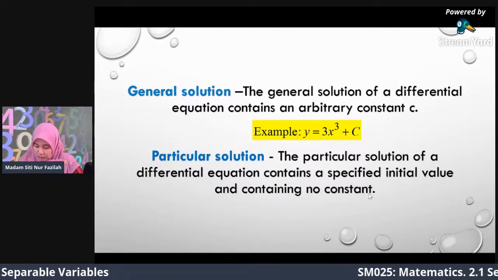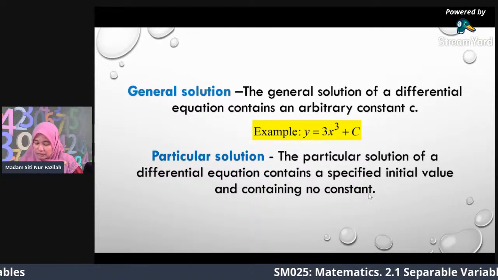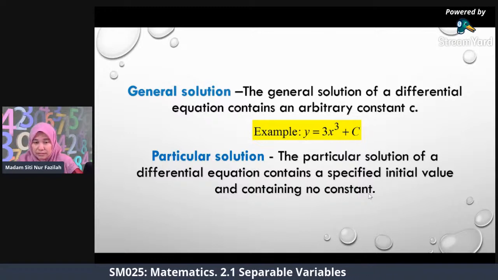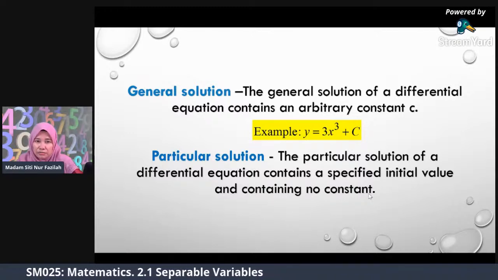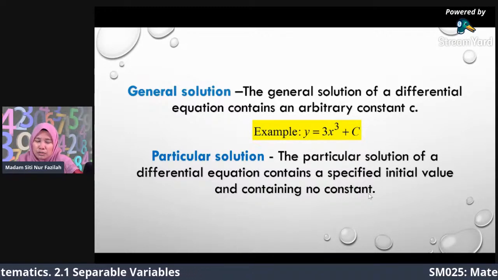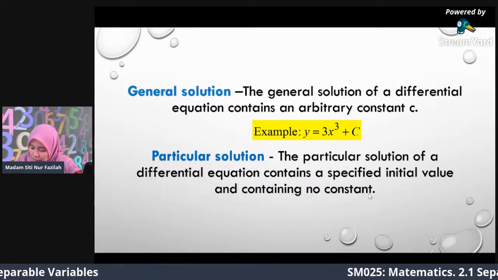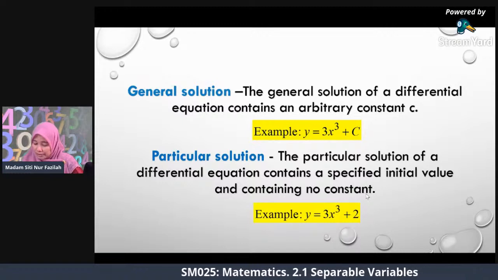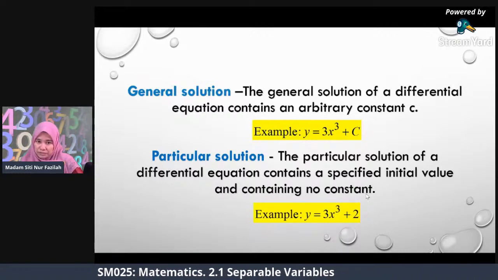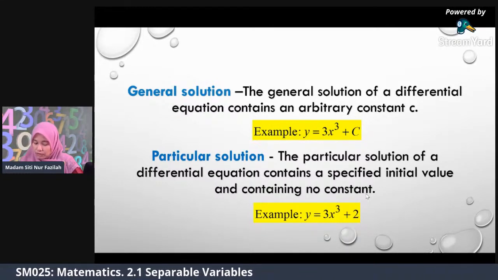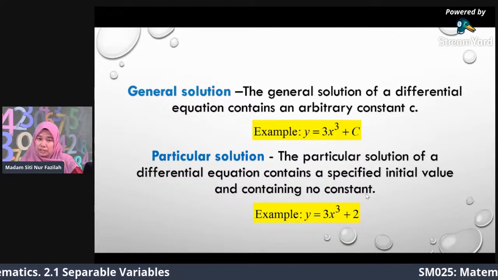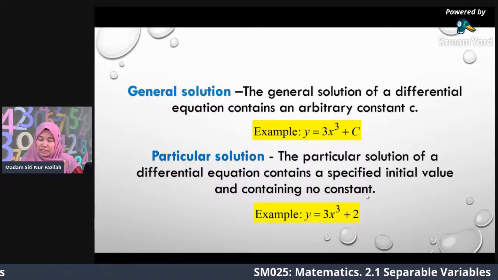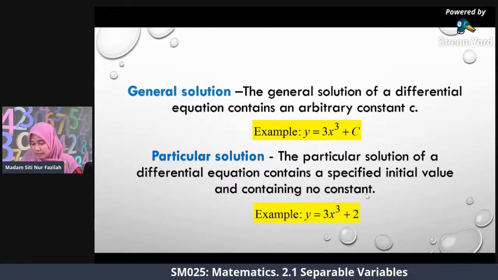The particular solution of a differential equation contains a specific initial value and contains no constant C. For example, y = 3x³ + 2. To find the particular solution, the question must give the condition.